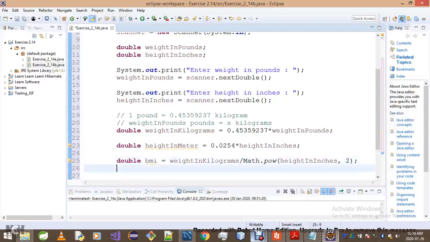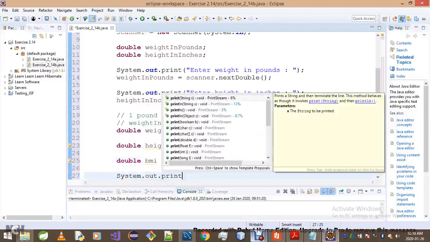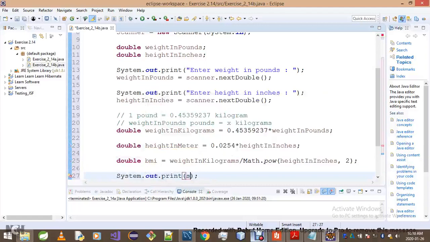Okay, with this out of the way, it's time to display our output. Again, if you think this stuff is a bit repetitive, and if you think it is of less value to you, wait until we do interesting stuff.